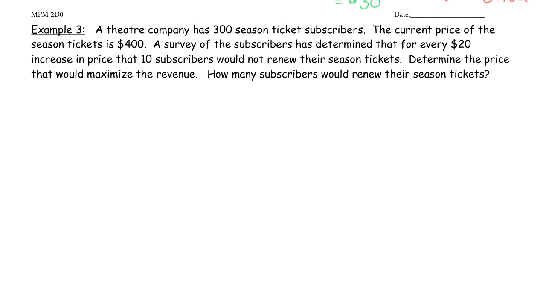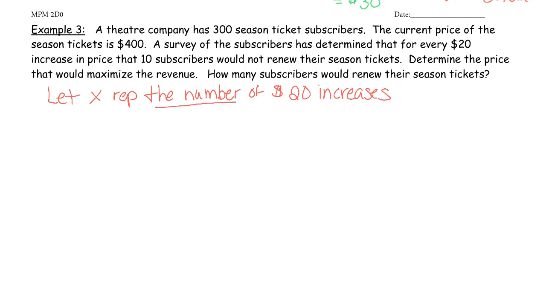So our first step is we are going to state our let statement. Okay, so we're going to let X represent the number of $20 increases. Okay, so again, it's the number of how many times we increase that price. Our next step is to set up our revenue equation.